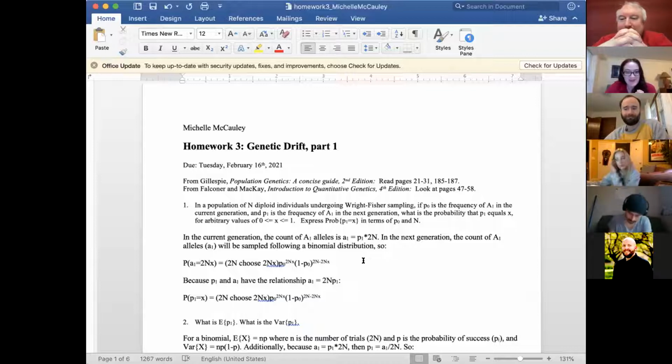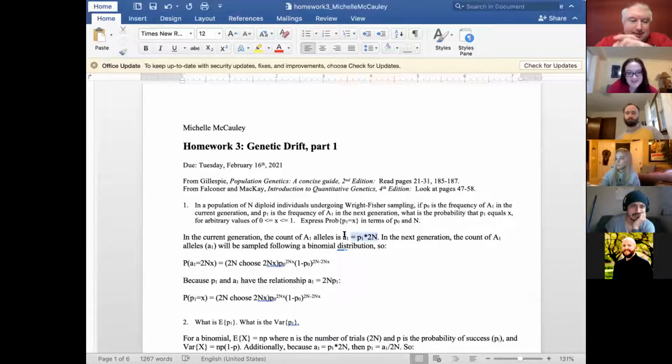But so you can rearrange your p-value to be your count of an allele, which has this relationship here. All right. Yeah, no, this is all correct.